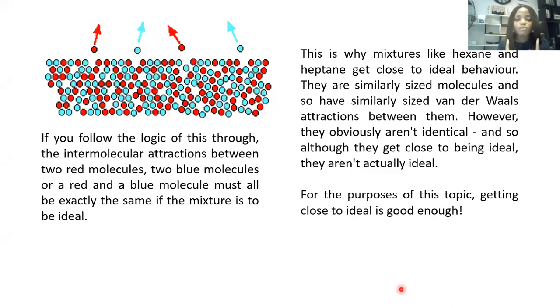However, they obviously aren't identical, and so, although they get close to being ideal, they aren't actually ideal. For the purposes of this topic, getting close to ideal is good enough.